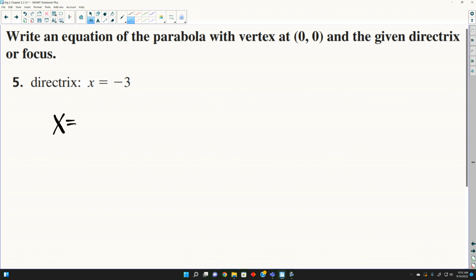X equals negative p, and the general form is x equals 1 over 4p times y squared, because that's the equation that has a directrix of x equals negative p, yes? So we're just matching it up, and we're going off the fact that x equals negative p is the directrix equation for this equation here.